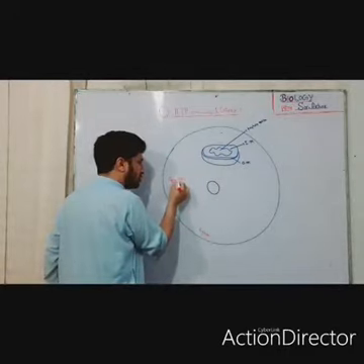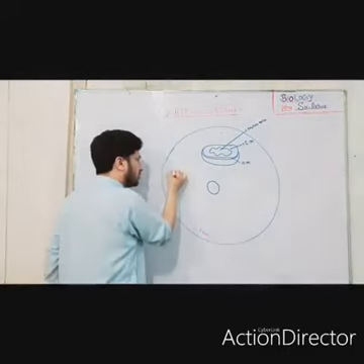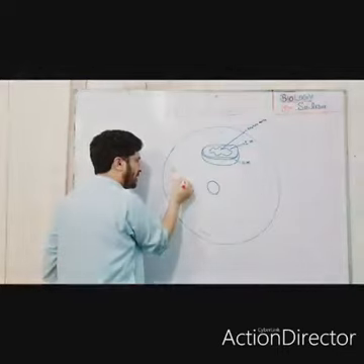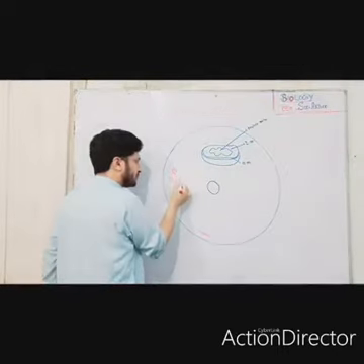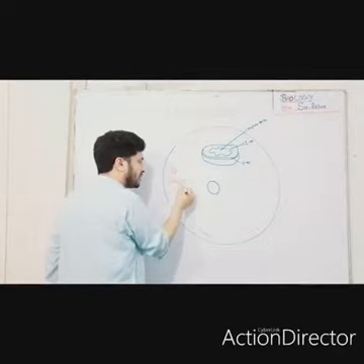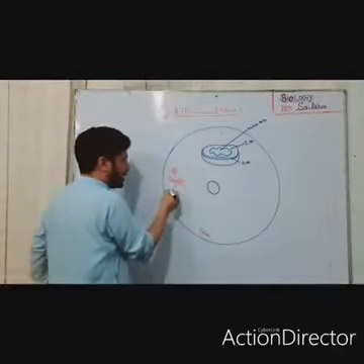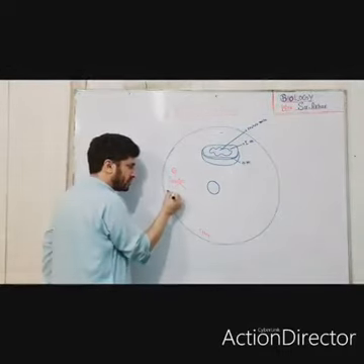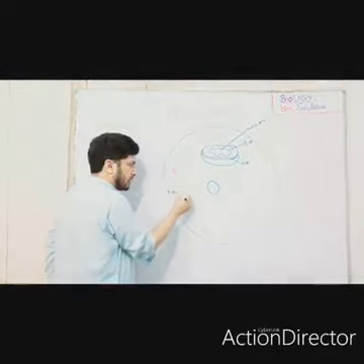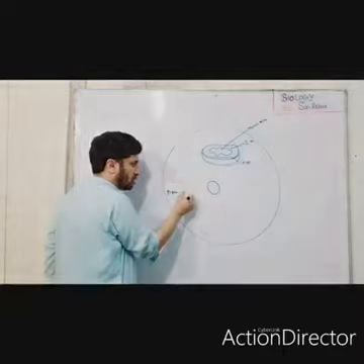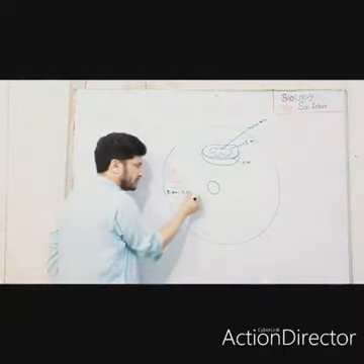Glyco means glucose and lysis means breakdown. Basically, the process of glycolysis is divided into two portions. One is called the preparatory phase and another is called the oxidative phase.